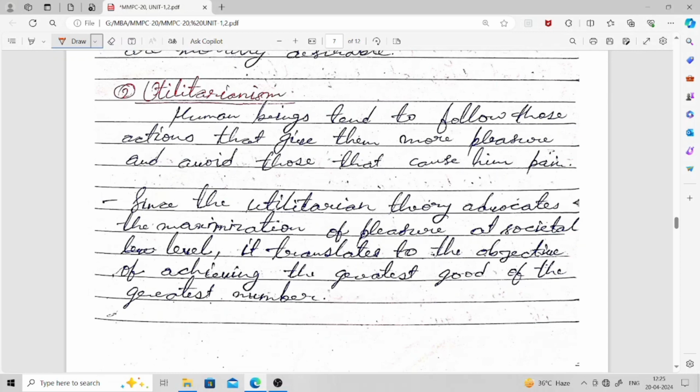It means at the societal level, if there is more pleasure, then that is good.